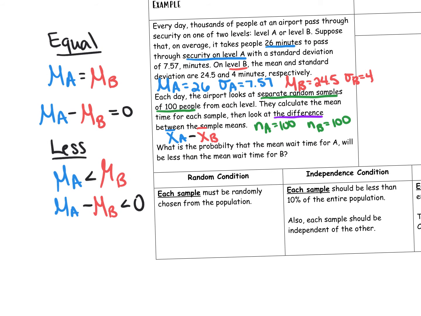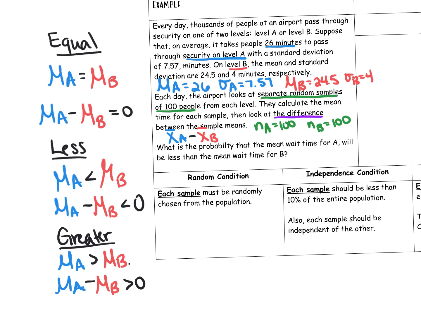The last possibility is greater: mu of A is greater than mu of B. Then when we subtract, mu of A minus mu of B, your differences should be positive, greater than 0.